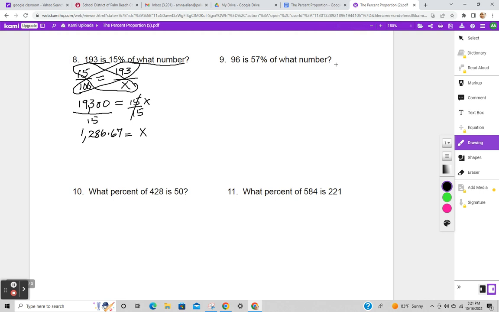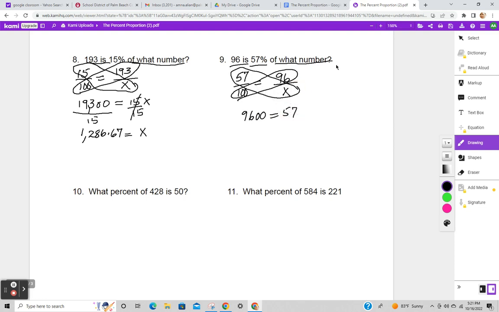All right, let's go on to number 9. 57% out of 100. I have my is, and I'm looking for my of, the number that goes with of. So take the cross product here. I'll have 9,600. Take the cross product here.